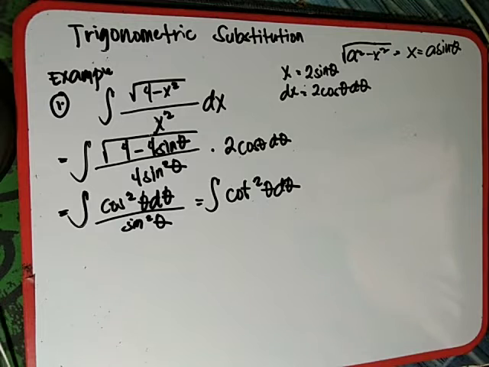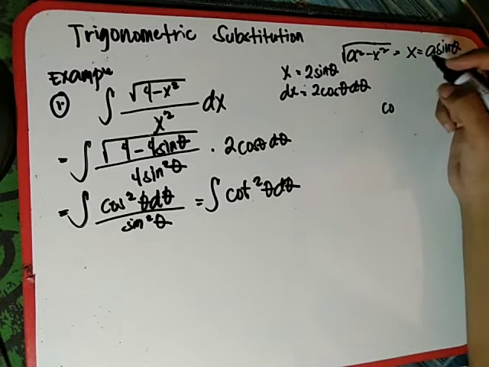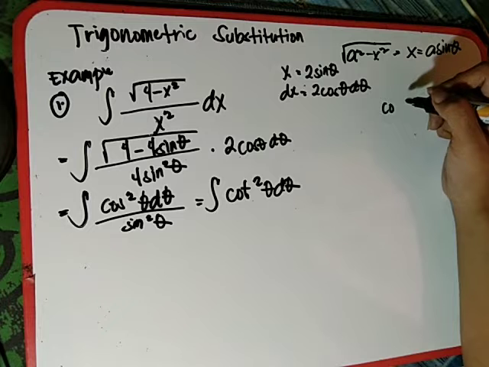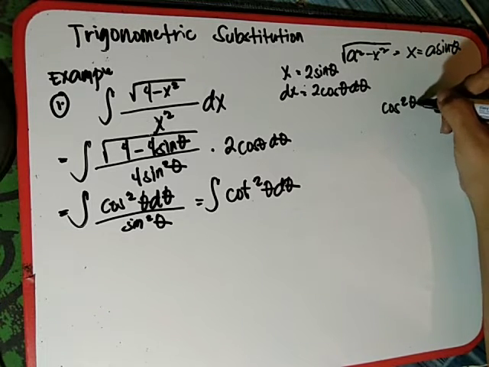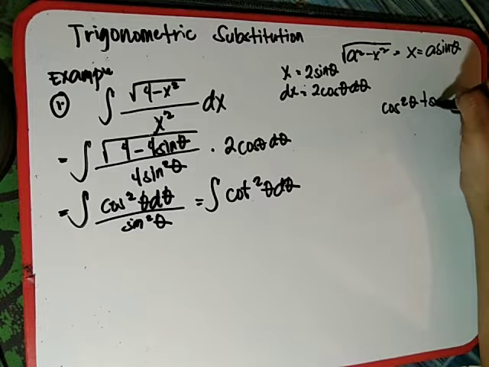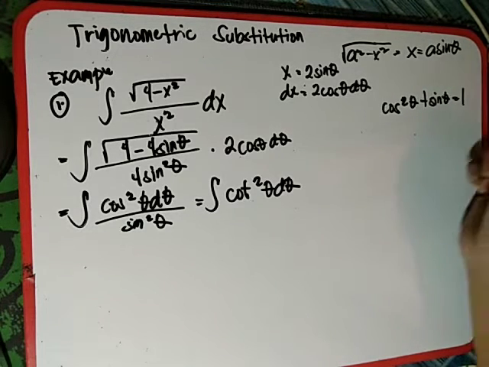Let's recall that cosine squared theta plus sine squared theta is equal to 1.